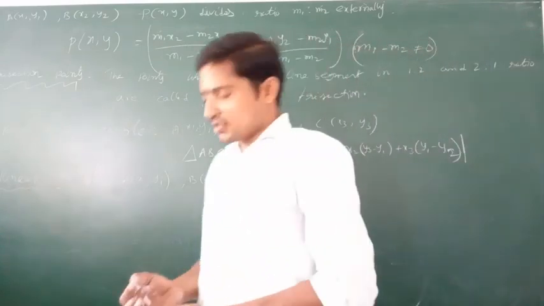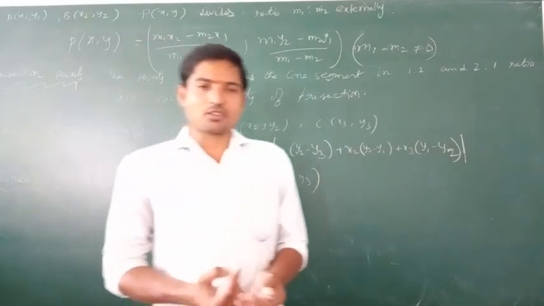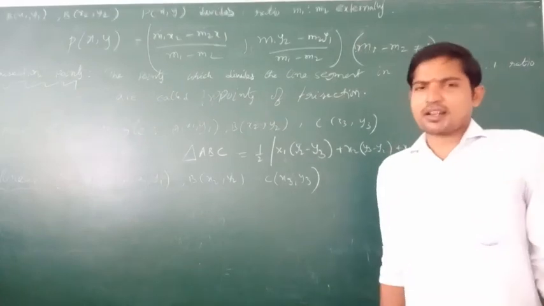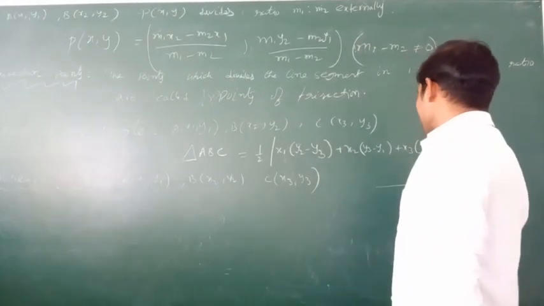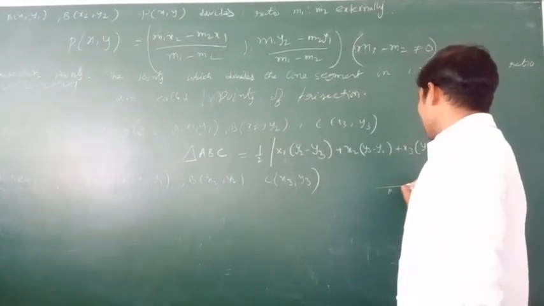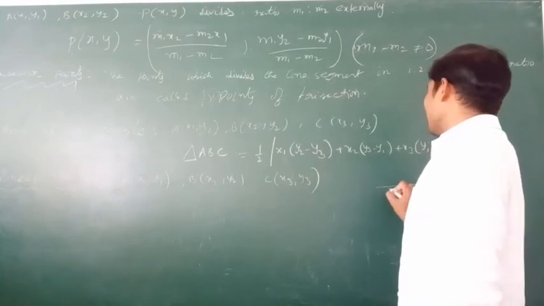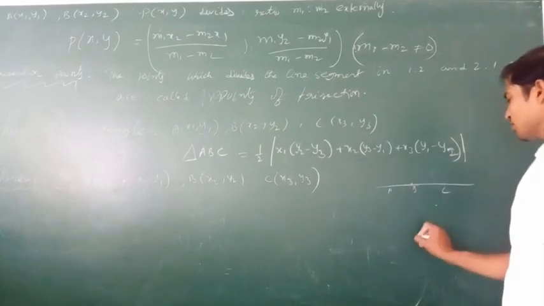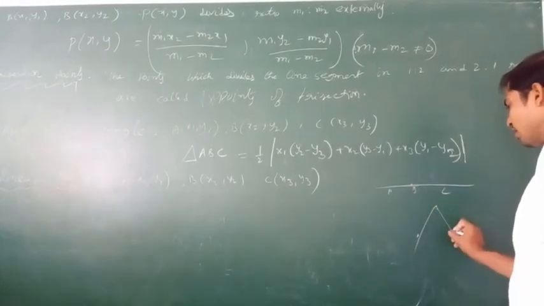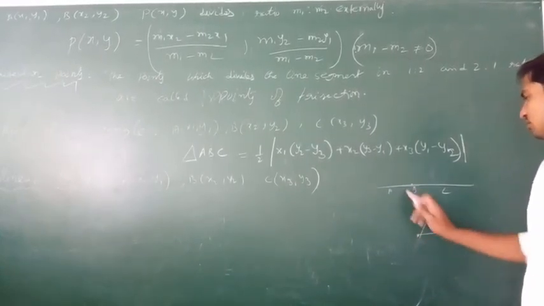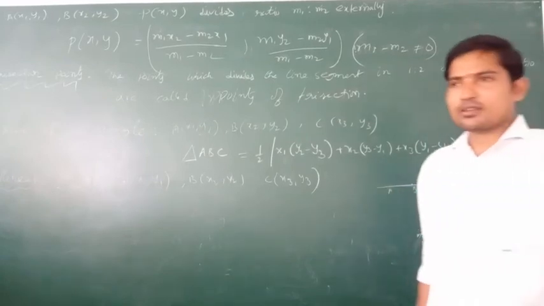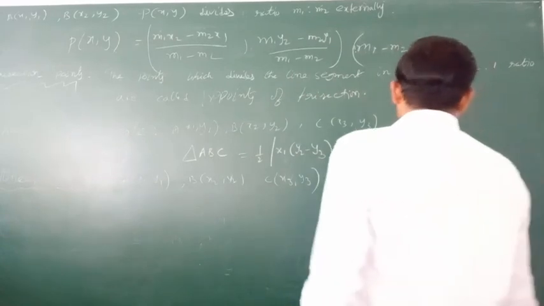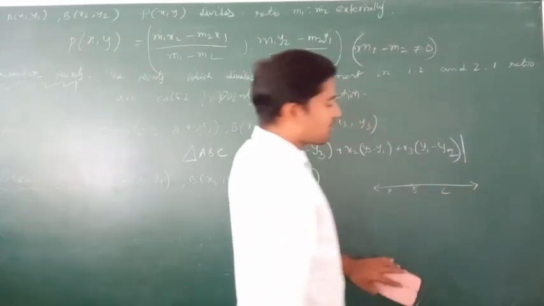Why are you saying the area of the triangle is 0 here? Because the points lie on the same line. If you join three points placed differently, we can get a triangle, but if they lie on the same line, we can't get a triangle, so the area is 0.